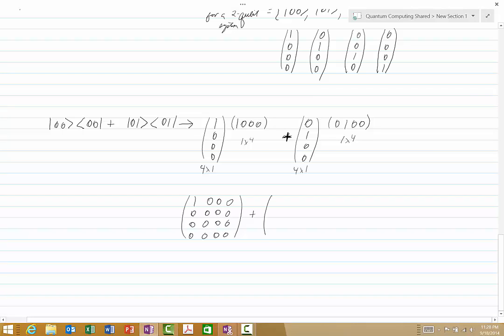And the second one will give us zeros everywhere except for a 1 in the second row, second column. Then when we add these two matrices together, we get the following. And there is our answer.